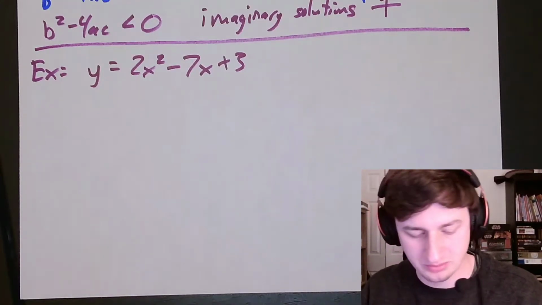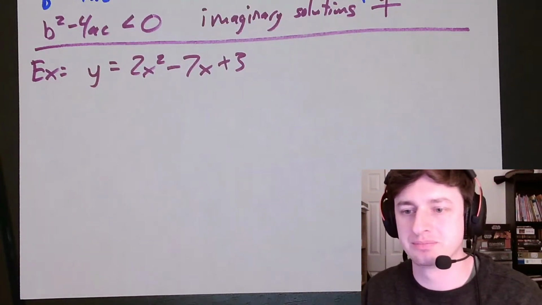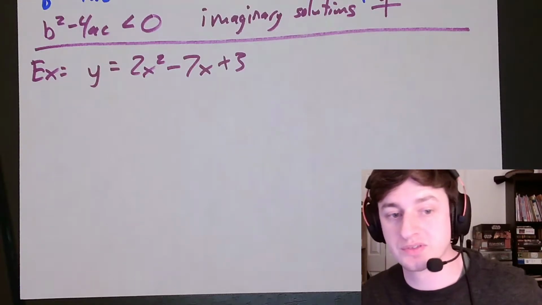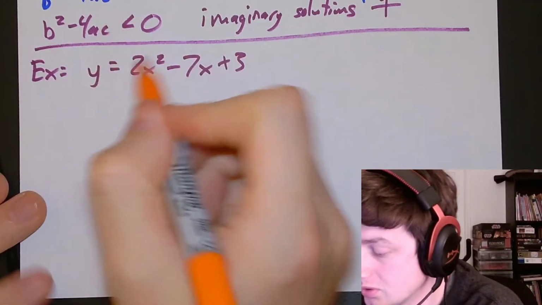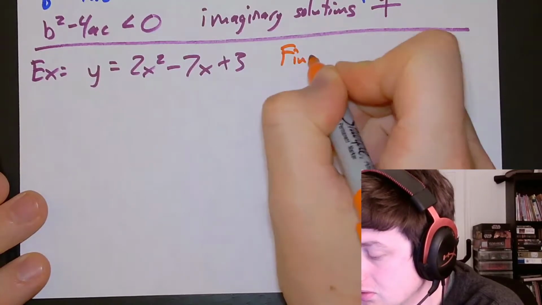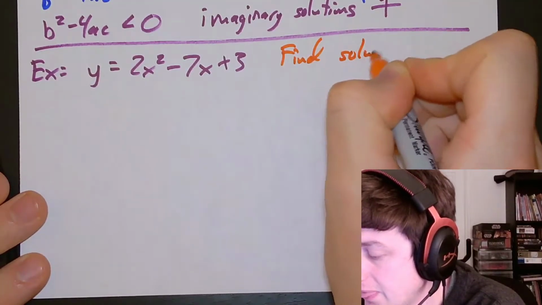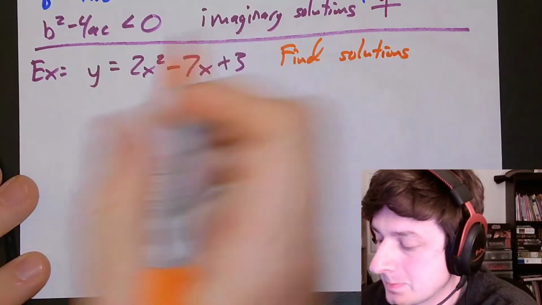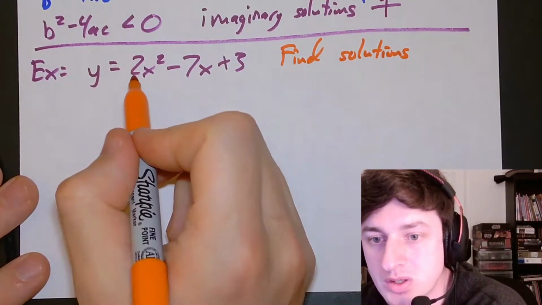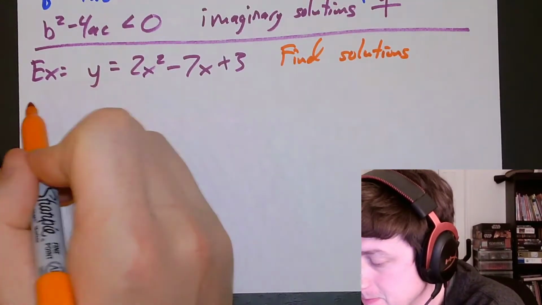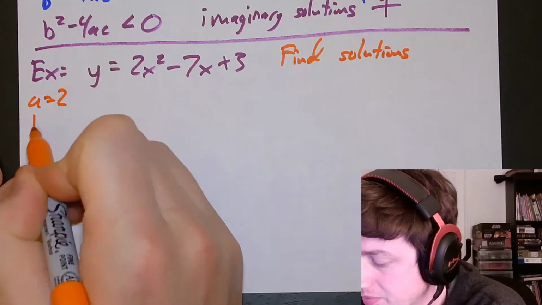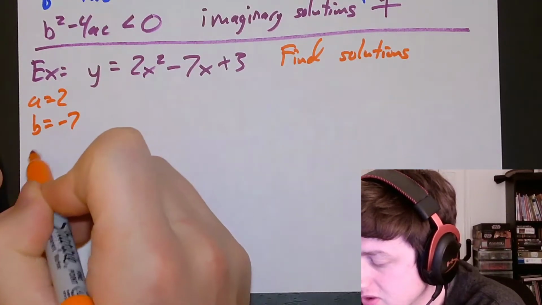So first thing we do is we just list out A, B, and C. We always do this if it's in standard form and we want to find the solutions. So we're finding solutions. Okay, so A, B, and C. A is 2, B is -7, C is 3.